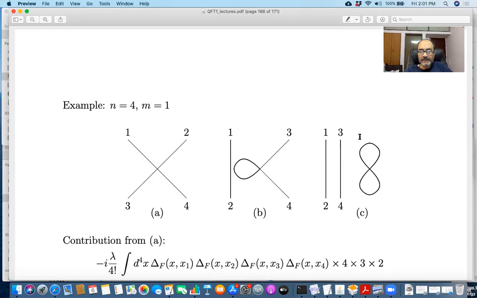Is this statement clear? So the claim again is that the effect of dividing by the denominator, which is 1 plus the sum over bubbles, is to simply calculate the numerator but ignore all diagrams which have bubbles, like this one.